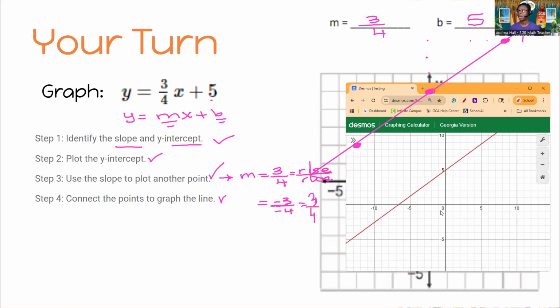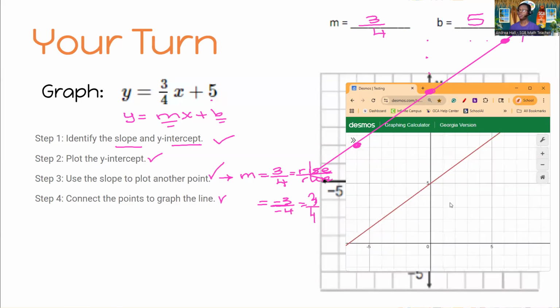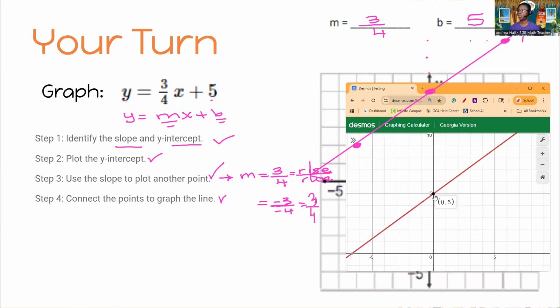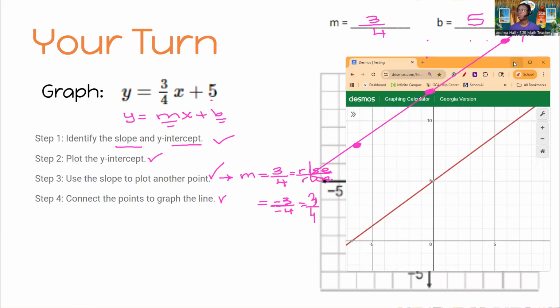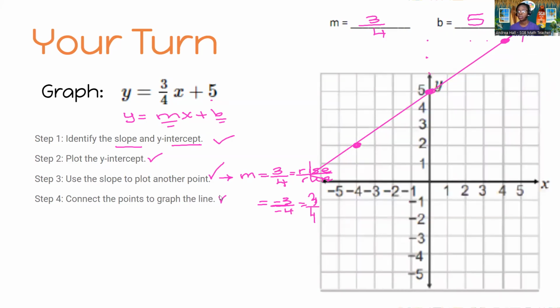Yes, you can use your graphing calculator, but the reason why you need to make sure you can do it by hand is because sometimes your graphing calculator will give you decimals, right? And you need to be able to find the next point. So you can use the graphing calculator to help double check your work, but you still need to know how to do it by hand.